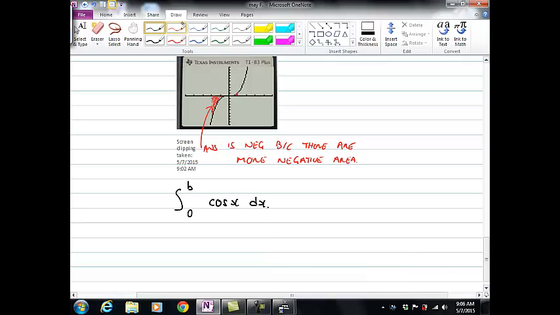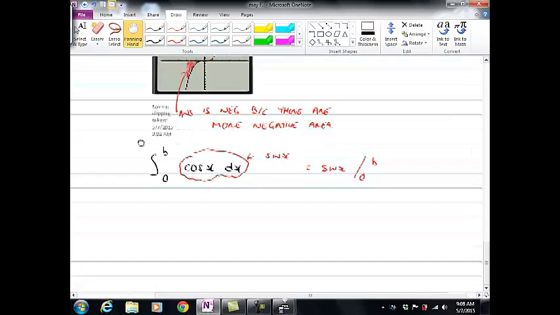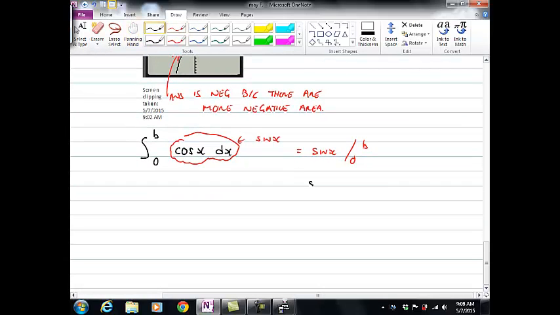The first thing I should do is take the antiderivative of this. The antiderivative of cos x dx really is sine x. So this question becomes sine x, with my little symbol, 0 to b. Which means this becomes sine of b minus sine of 0.